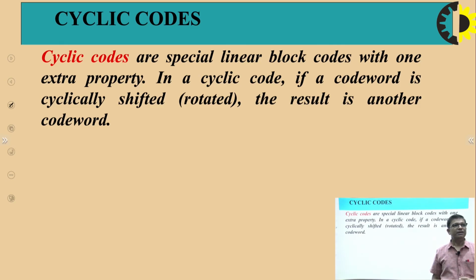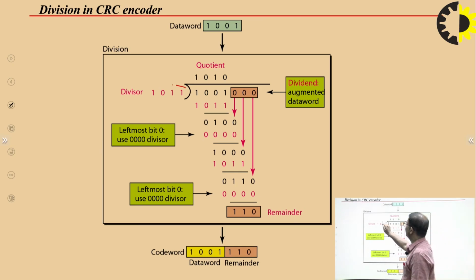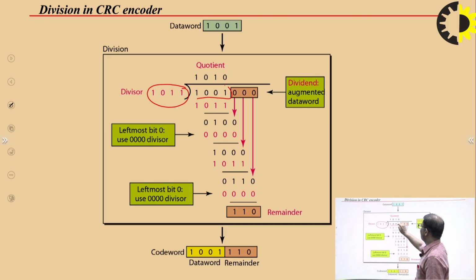Cyclic codes are special linear block codes with one extra property. In a cyclic code, if a code word is cyclically shifted, the result is another code word. For example, take another example. This is a divisor, and this is your data.